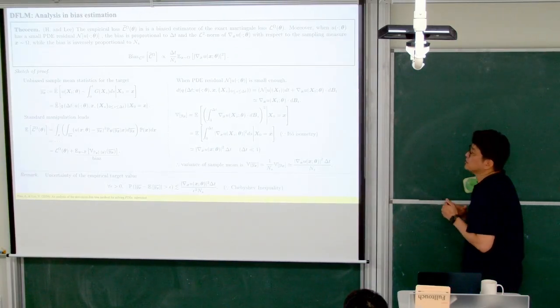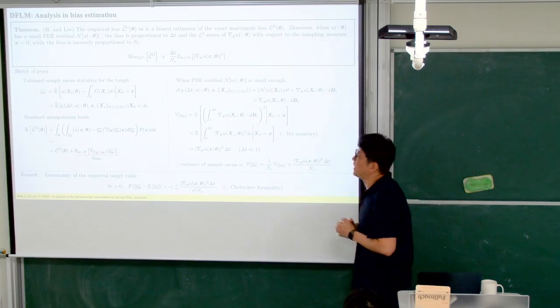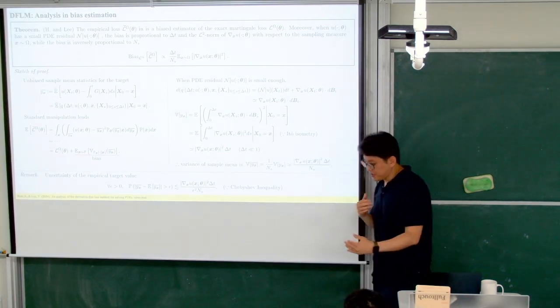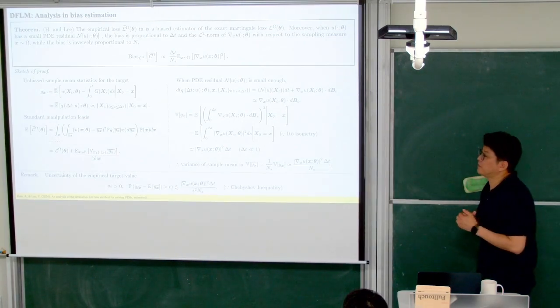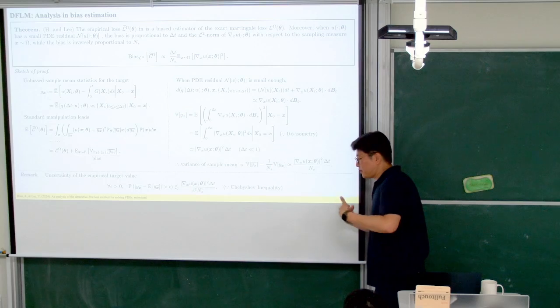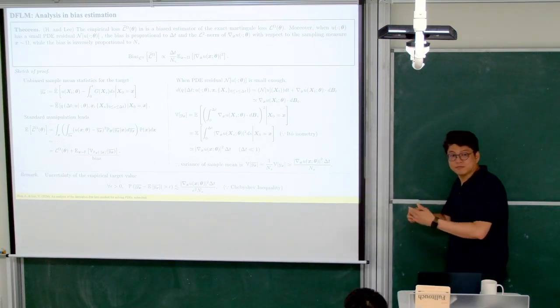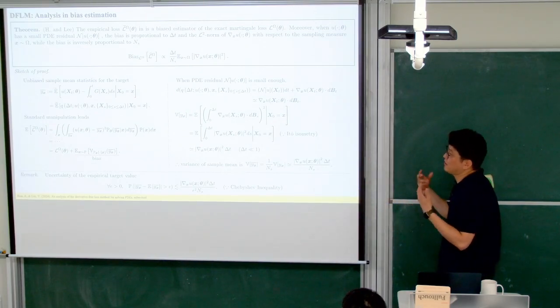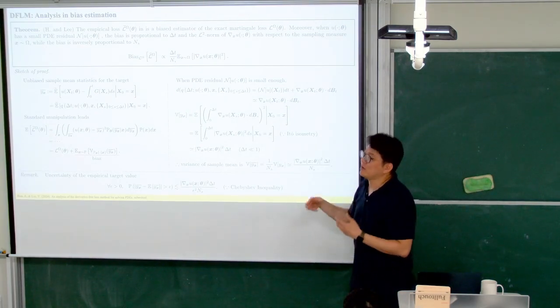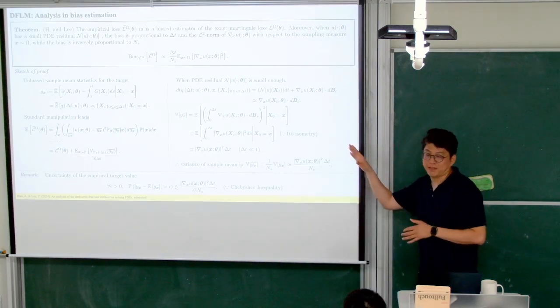Okay, the first result is about the bias. The original loss function is a continuous integral, but we approximate the integral using samples. So we have an empirical loss, and unfortunately our empirical loss has a bias.